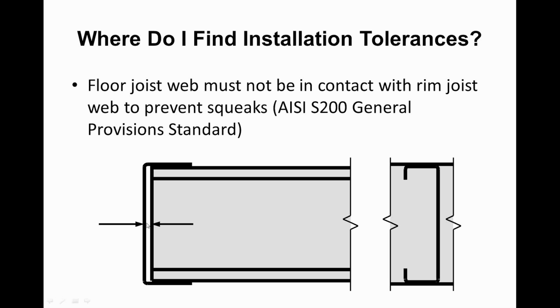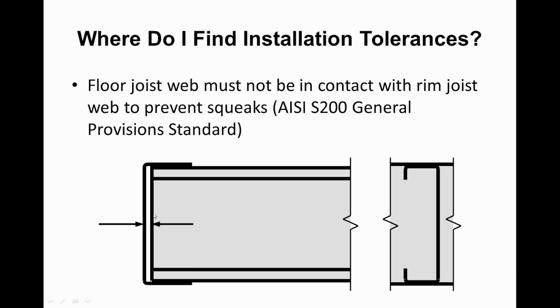But what I need is a space between the web of the rim track and the end of the C-section. Why is that? Because as we start walking on my floor system, for example, this member is going to move up and down. If these two are in contact and this member starts moving up and down, we have the potential of generating a squeak. And obviously we don't want a squeaky floor.